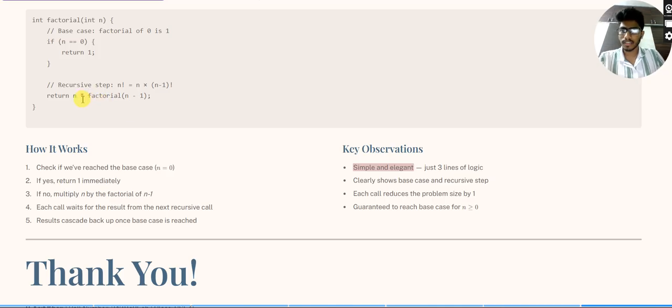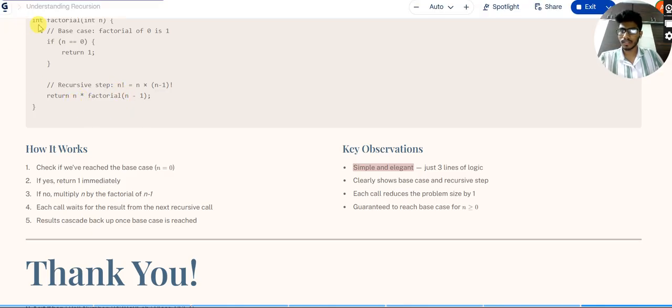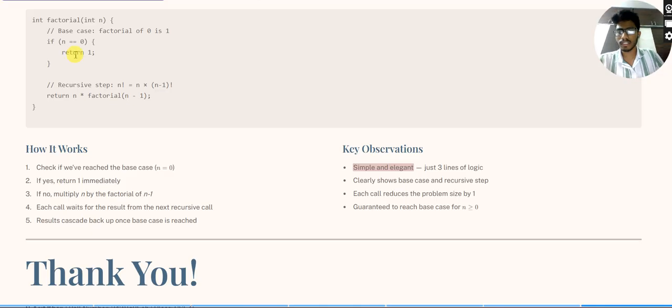So if we take the example of 5 into fact of 4, again fact of 4 comes here, 4 into fact of 3, again fact of 3 comes, 3 into fact of 2, 2 into fact of 1, 1 into fact of 0. When we come to fact of 0, it reaches the base case and the function ends, and it displays the output as 120.